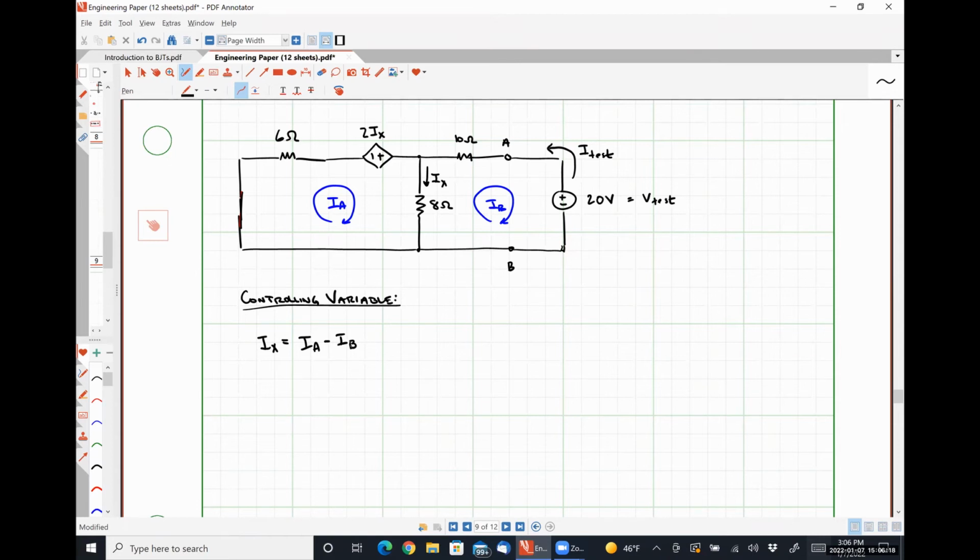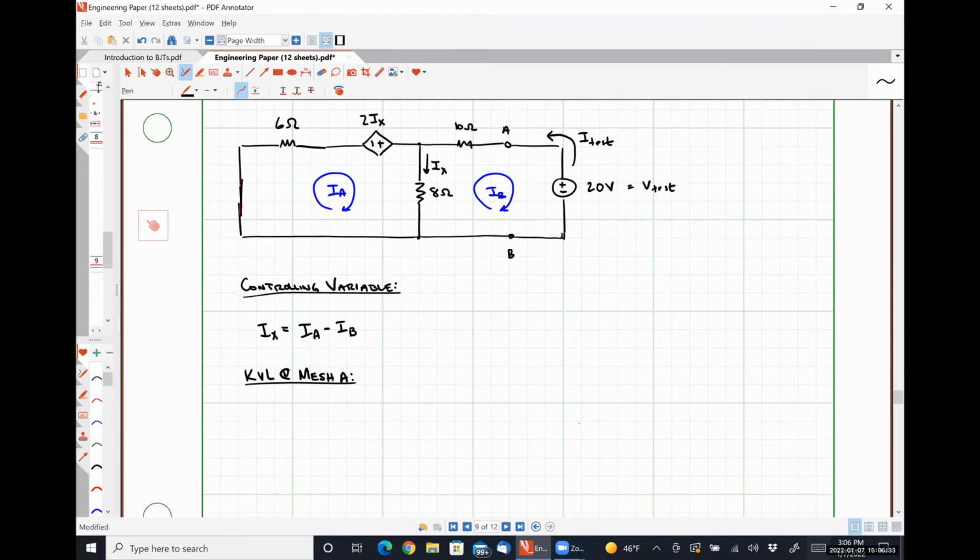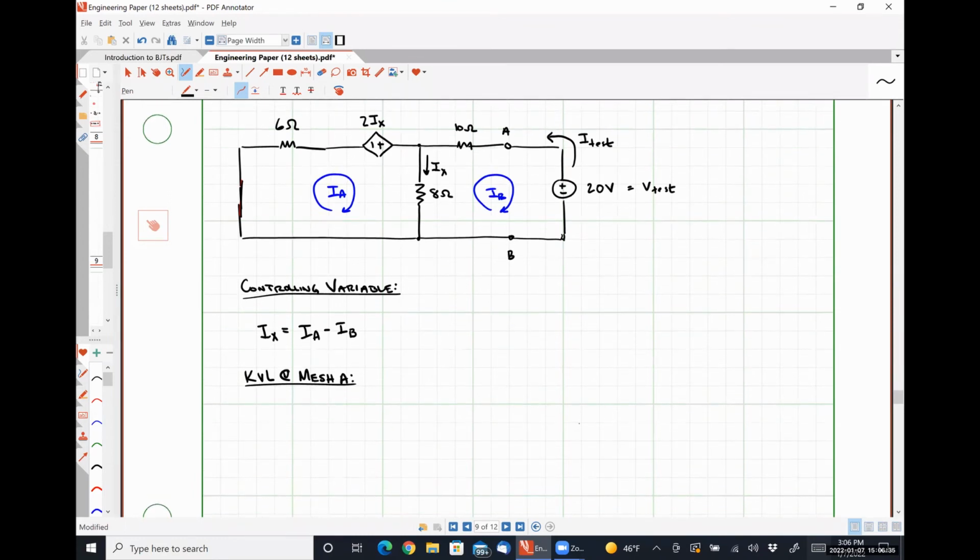Now I can just write my two Kirchhoff's voltage law equations around these two meshes. So, wonderful, thank you.